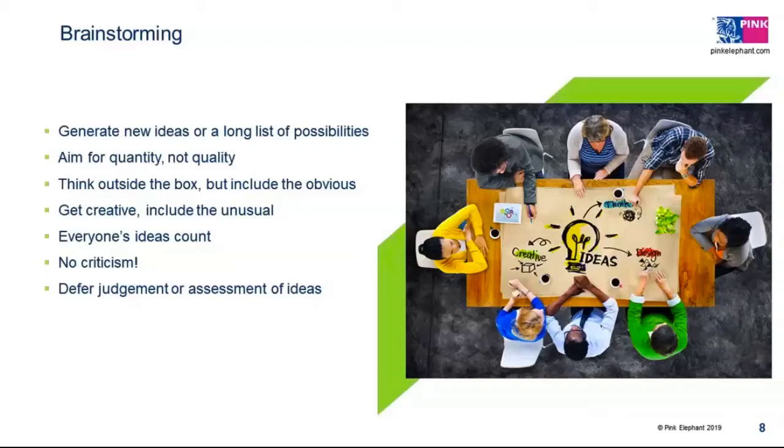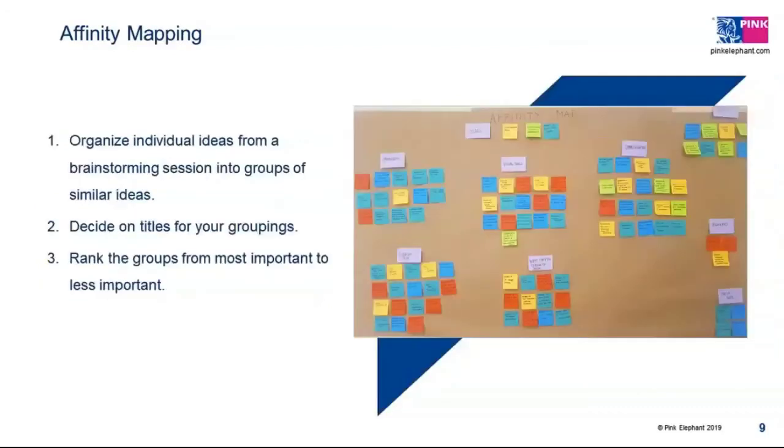Once you've generated these ideas, you've now got all of these sticky notes, all these ideas that we captured, and you have to start to organize them. In order to organize them, we can turn to affinity mapping.